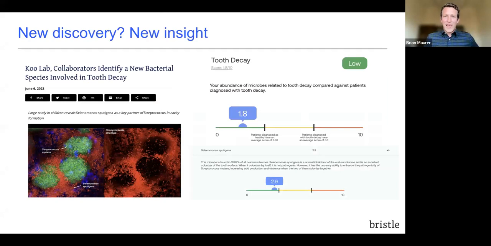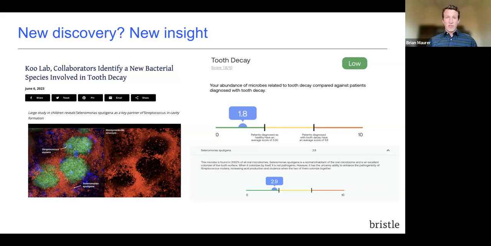But first, I want to just highlight a recent addition to the report. One of the key benefits of profiling the complete oral microbiome as we do is that as new discoveries are made, we are able to rapidly include those in our report. We have an example here from just a few weeks ago where Pseudomonas sputigena had been discovered as an enhancer of Strep mutans' ability to produce tooth decay causing acid.